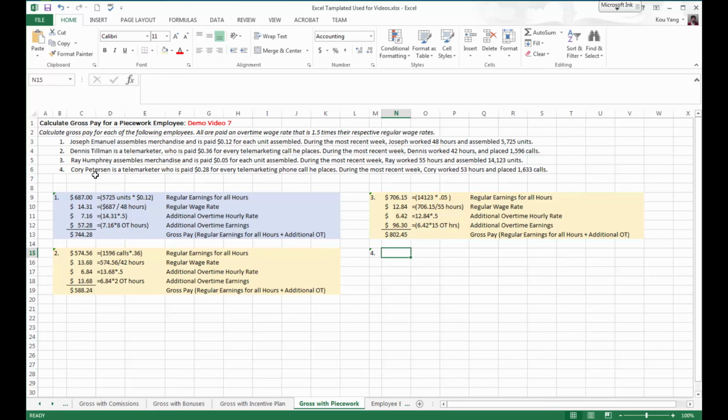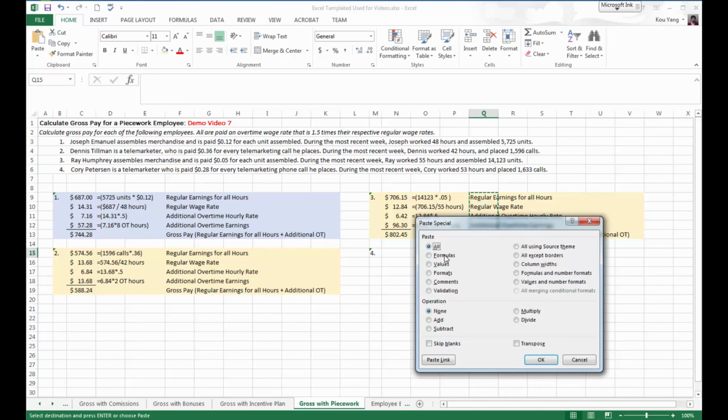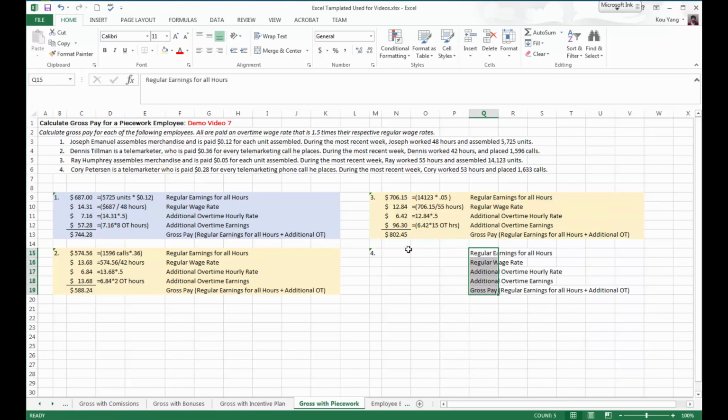All right, Corey Peterson is a telemarketer who is paid 28 cents for every telemarketing phone call he makes. During the most recent week, Corey worked 53 hours and placed 1,633 calls. Copy and paste again. Same formula or concept.